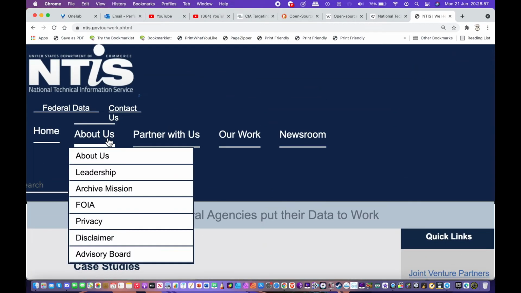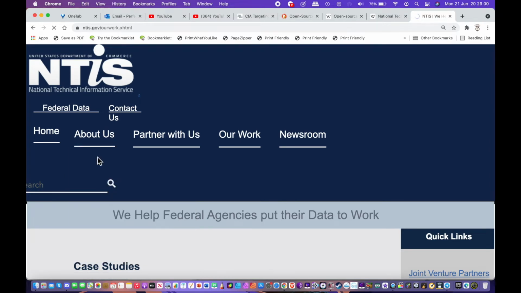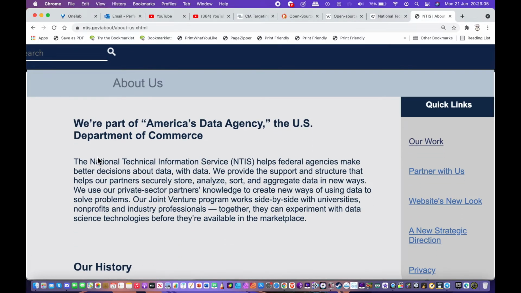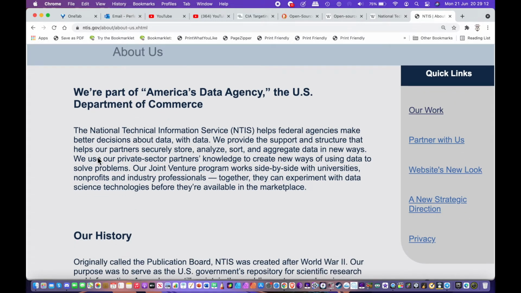I see. About us. I should have gone on that. We're part of America's data agency, the US Department of Commerce. The National Technical Information Service, NTIS, helps federal agencies make better decisions on data with data. We provide the support and structure that helps our partners securely store, analyze, sort and aggregate data in new ways.